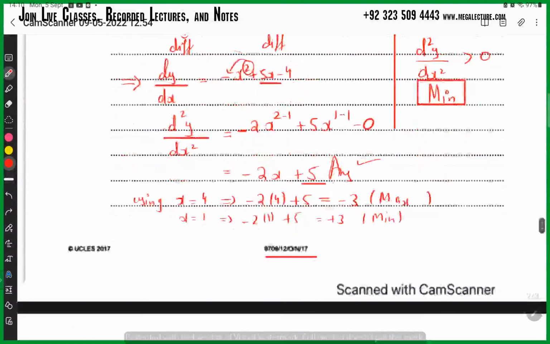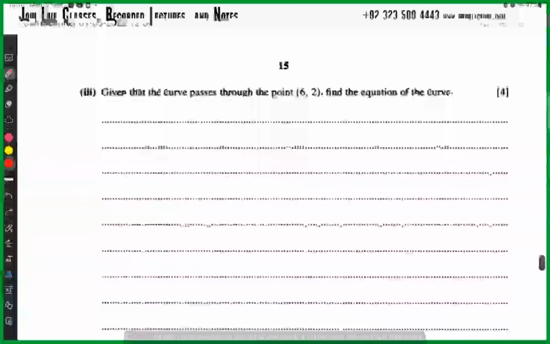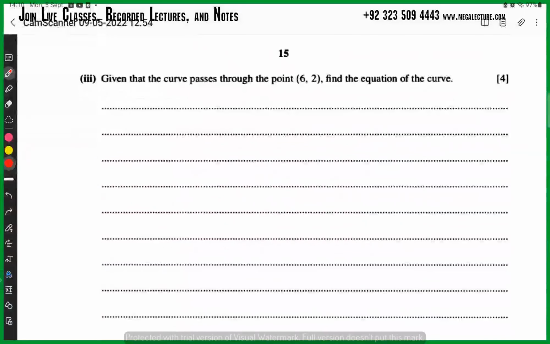The third part says, given that the curve passes through the point (6, 2), find the equation of the curve. Now, we can't do this for now because this is related to the next chapter, that is integration. But what is the idea? This time around we have the derivative, dy by dx, and you need to go back to the curve.